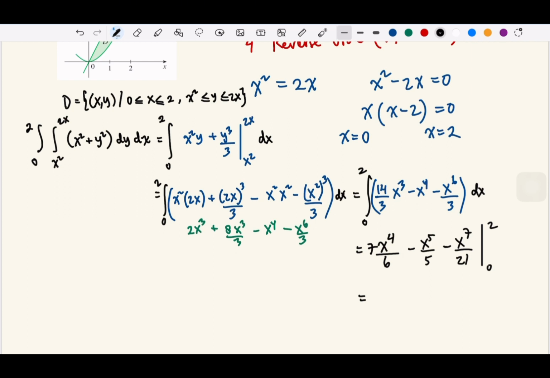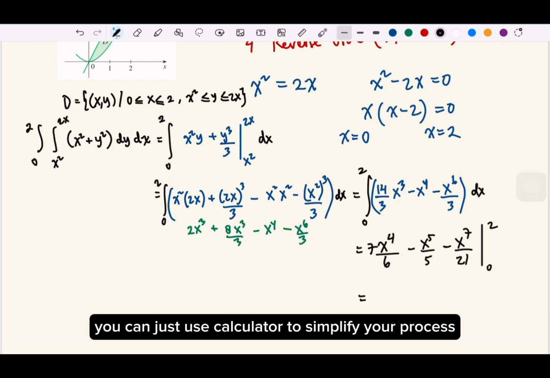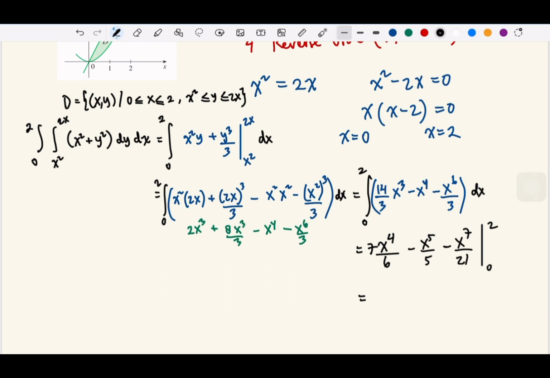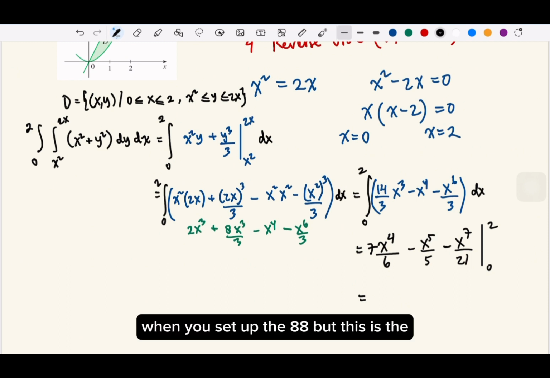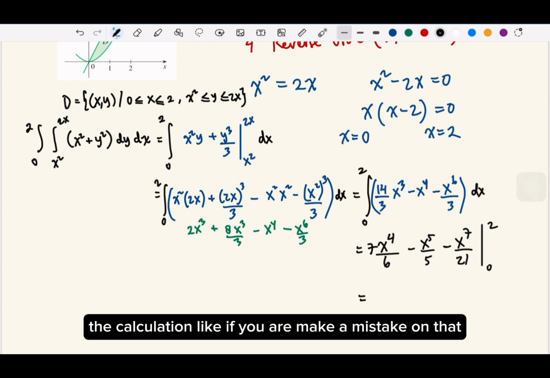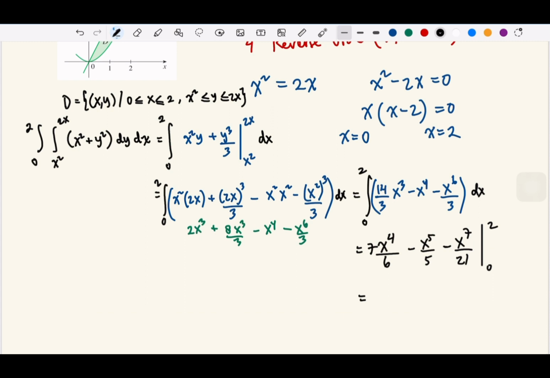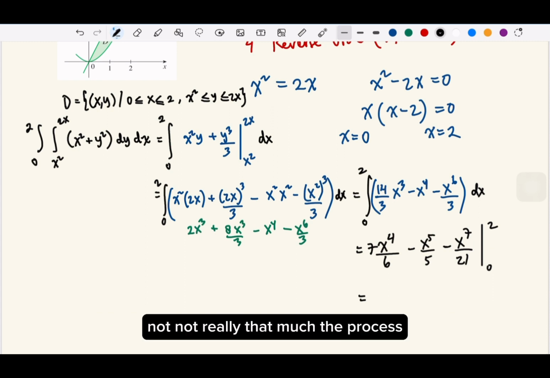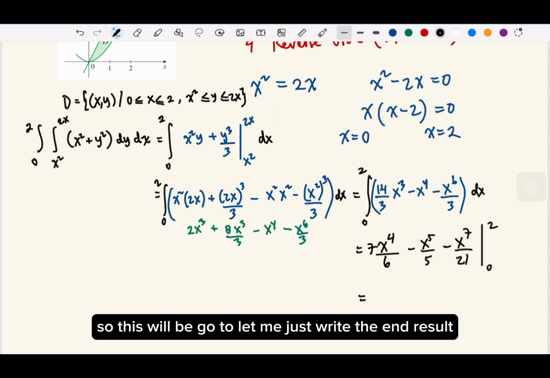So maybe only at the last part you just use calculators to simplify your process. Because the biggest percentage of the whole process is the first part, when you set up the double integral. If you make a mistake on the calculation, it's not that much. So this will be equal to, let me just write the end result.